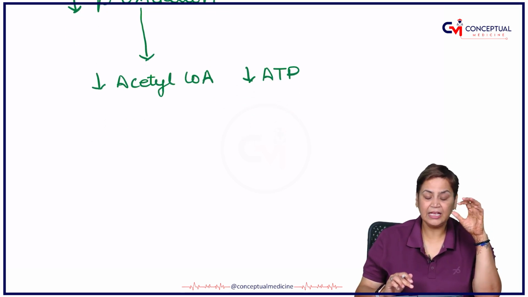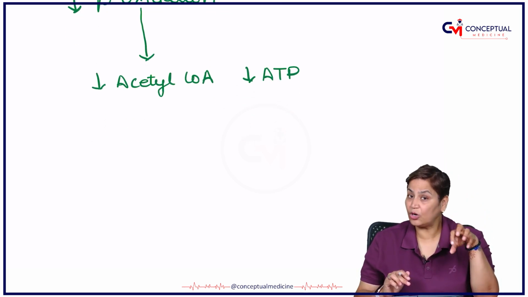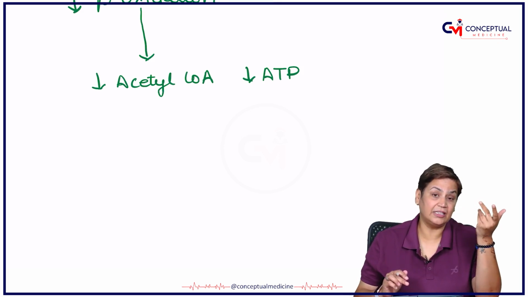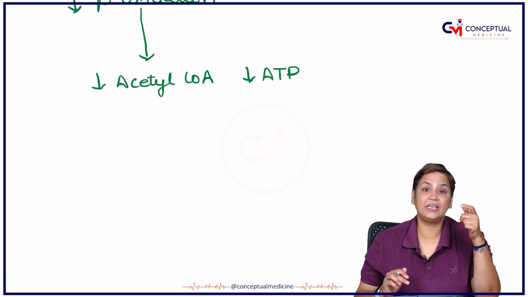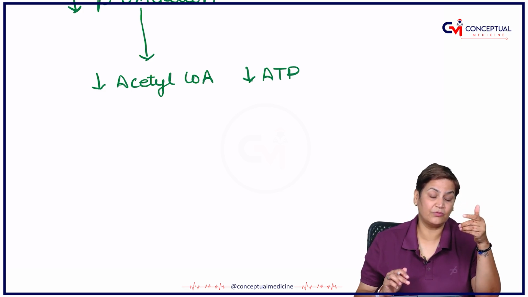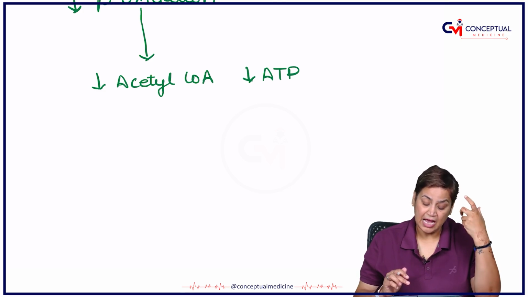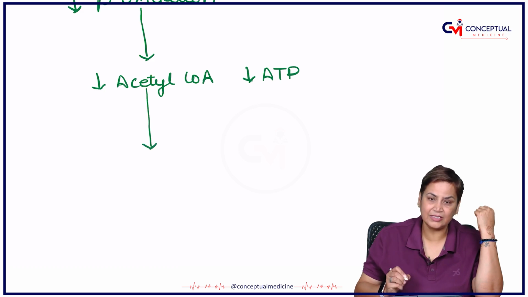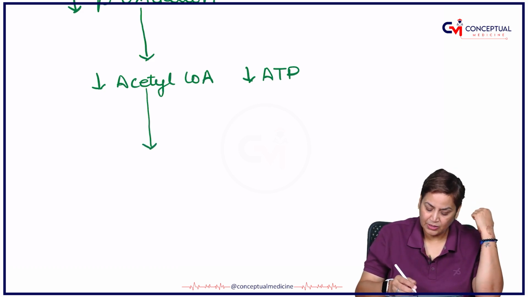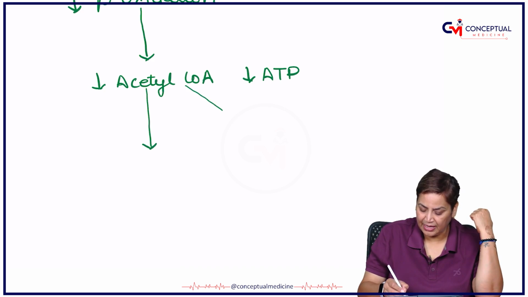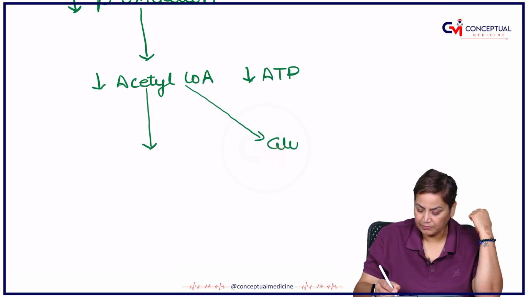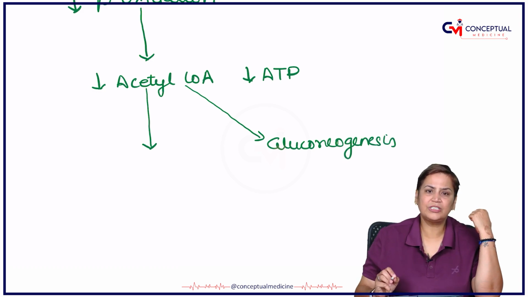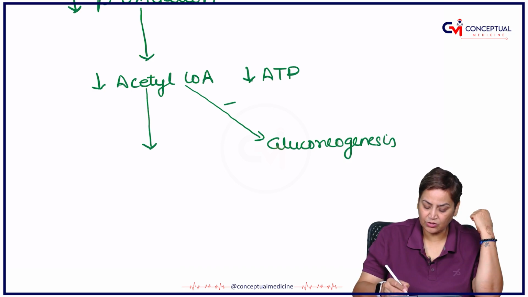Now, when acetyl coenzyme A is not being produced, there is another process also, gluconeogenesis, which gives glucose from non-carbohydrate precursors. Acetyl coenzyme A is an allosteric modulator of gluconeogenesis also.